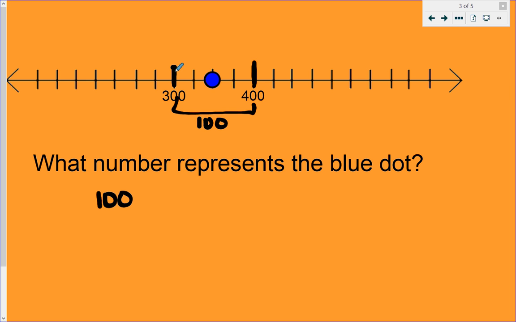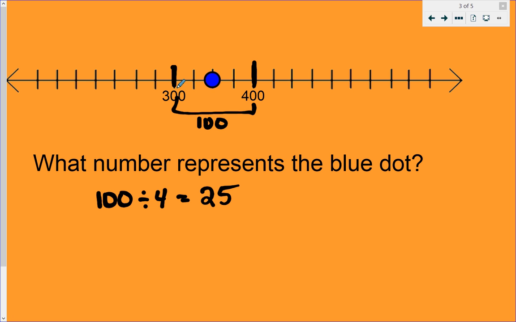Now I have 1, 2, 3, 4. I have 100 divided into 4 pieces. If I think of $1 divided into 4 pieces, it's 25, right? 4 quarters in $1. So this has to be 25, this has to be another 25, which makes it 50, this has to be 75.